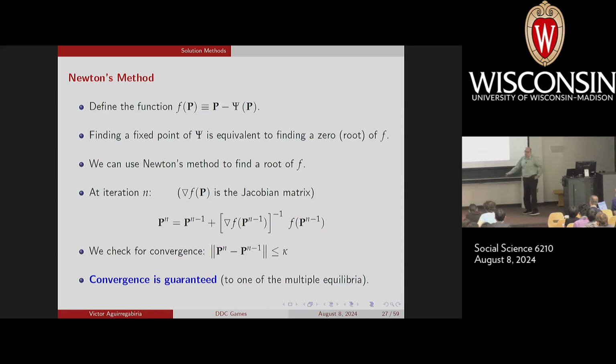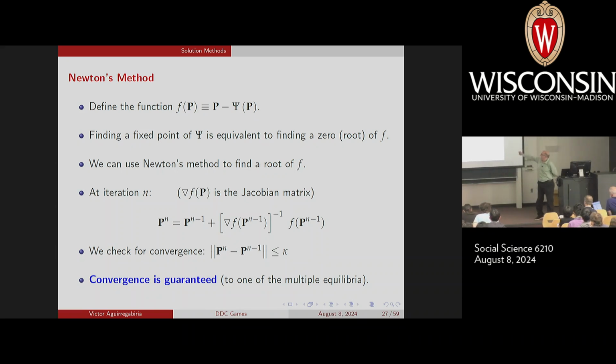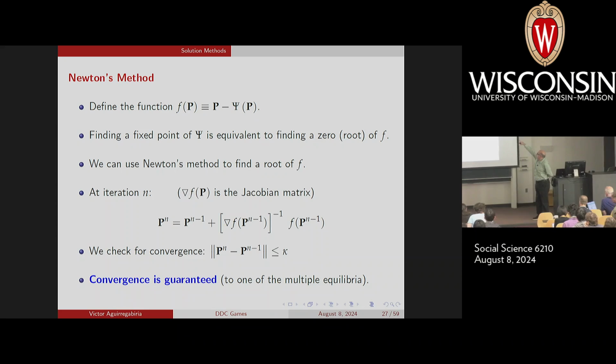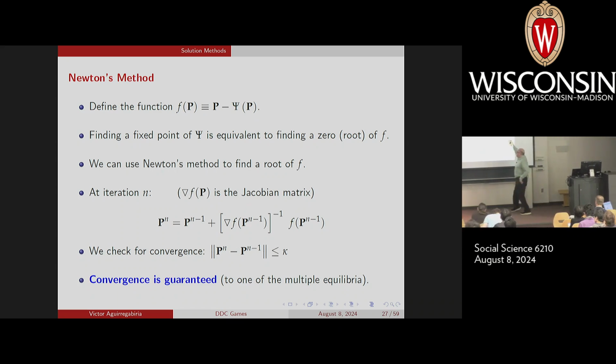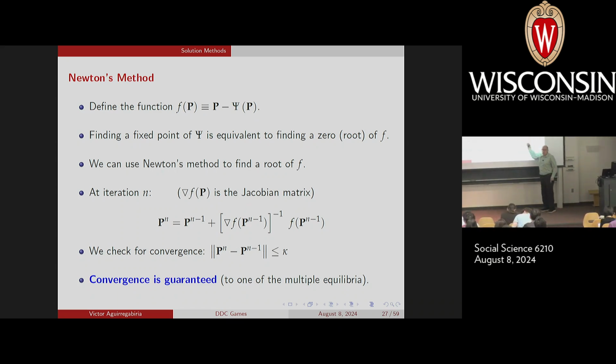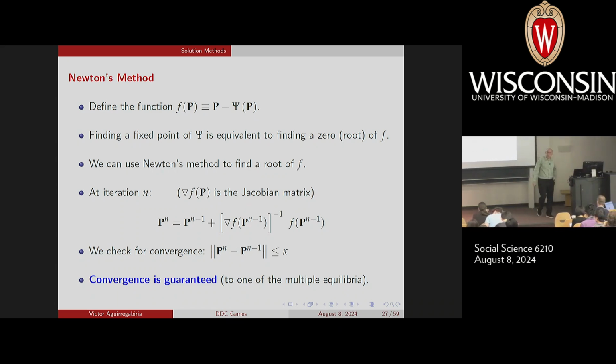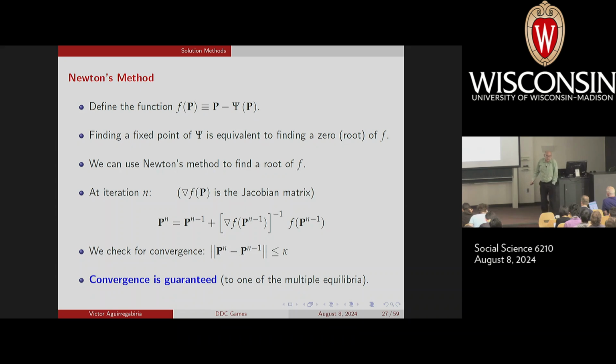Newton's method looks at the equilibrium problem as a problem of solving a system of nonlinear equations in P. We want to get a zero of this system of nonlinear equations, and then we just apply Newton to solve it. What is the advantage of Newton?